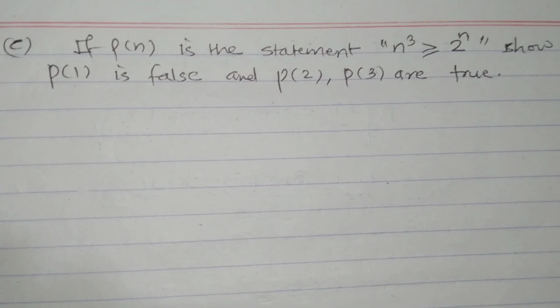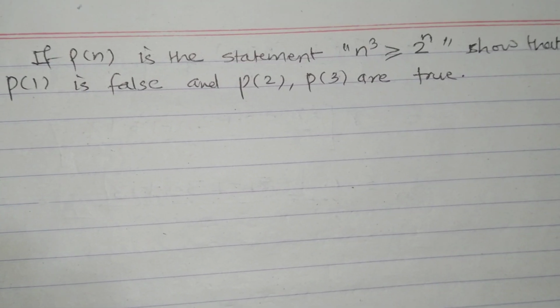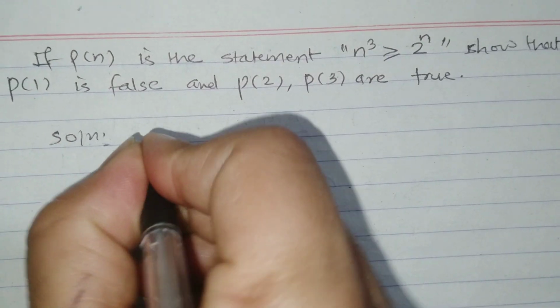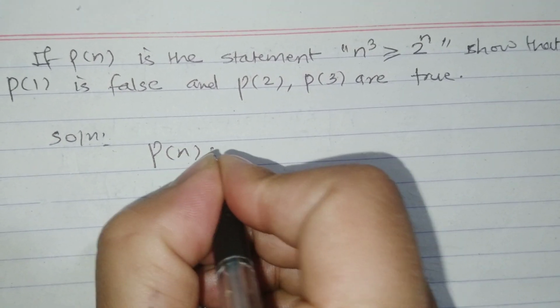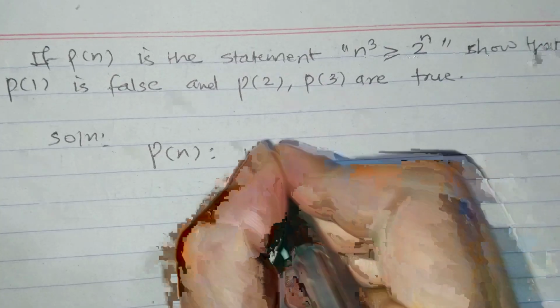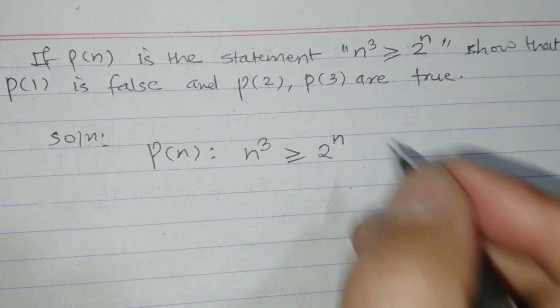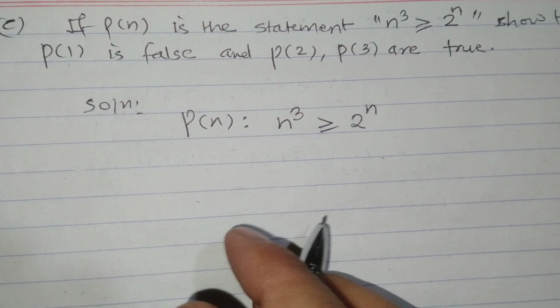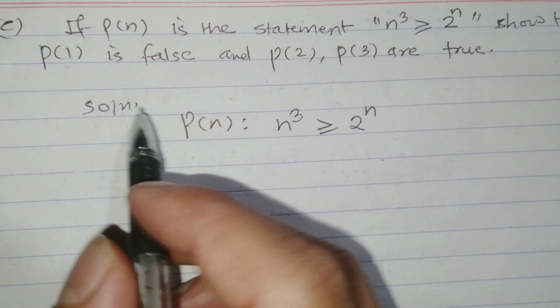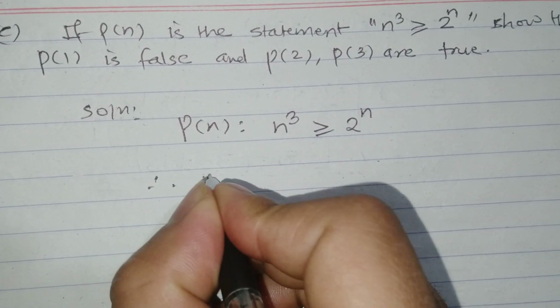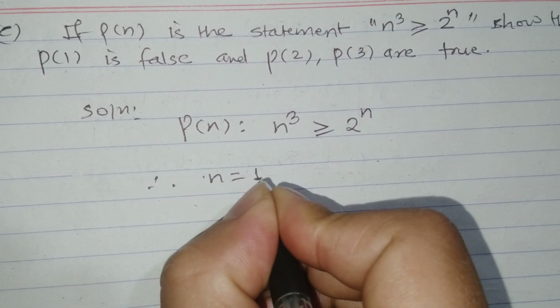Now we have the next question, which is Pn. In this case Pn is when n cube is greater or equals to 2 power n. Now at first we have to show that P1 is false, so check for n equals to 1.